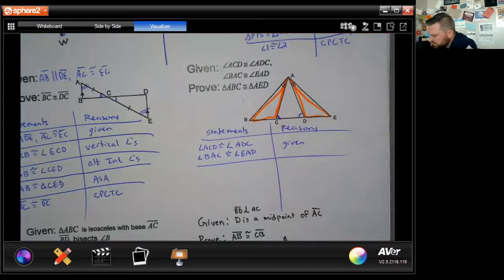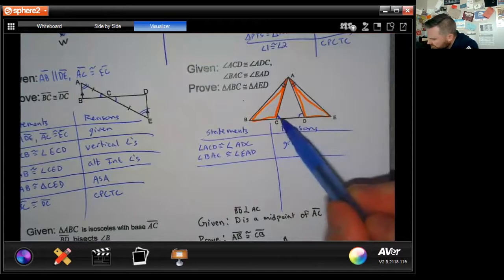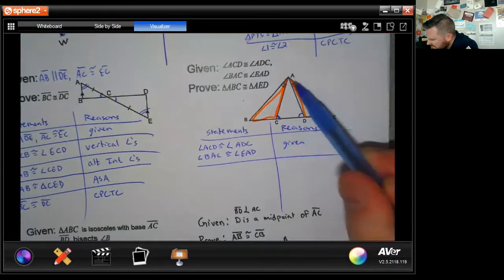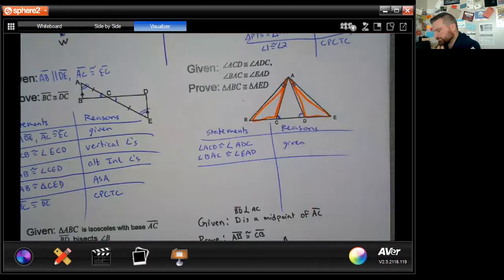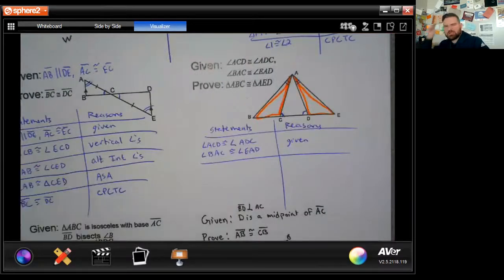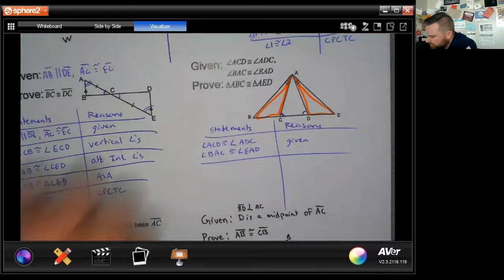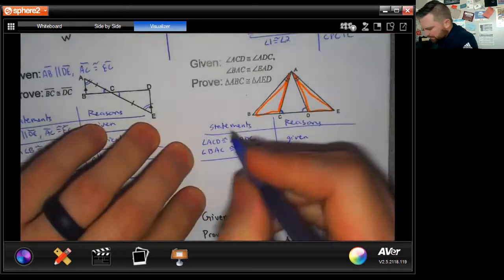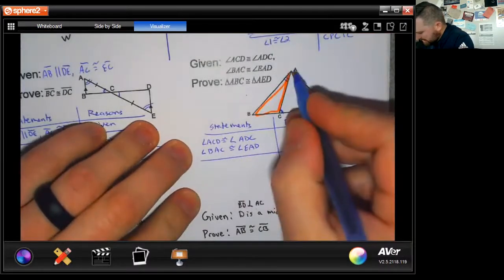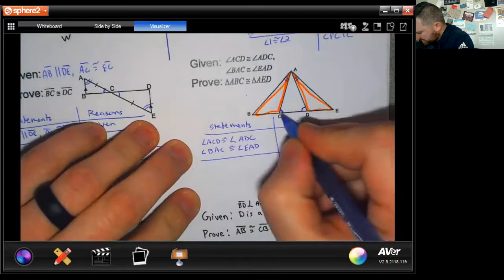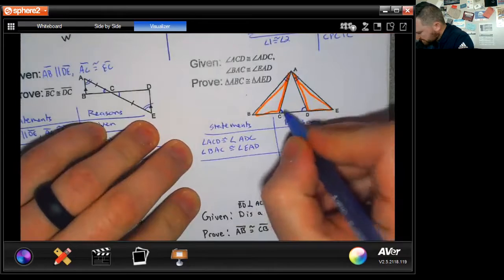Okay, so let's start with the base angle theorem. We can go from these two angles are the same, so the sides opposite, so this side and this side are the same. Okay, and I'm going to use some other reasons that we haven't quite used before. So I will say that we'll just go right here.